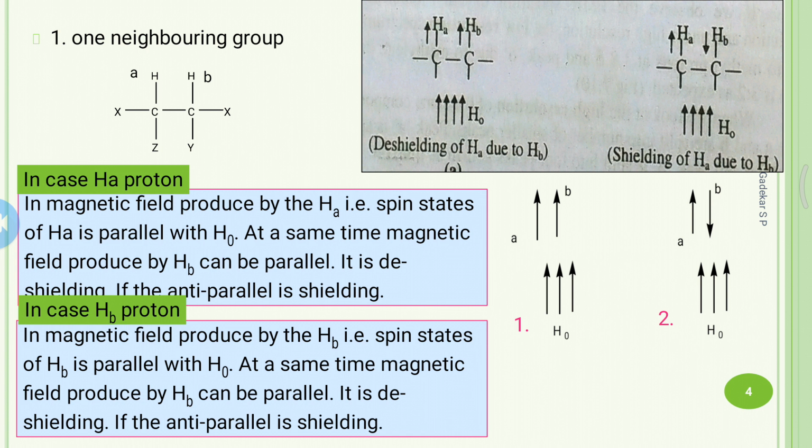If they are anti-parallel, it is shielding. Similarly, B interacts with A in a parallel position to form de-shielding, and if B interacts with A in the opposite, anti-parallel position, it forms shielding.